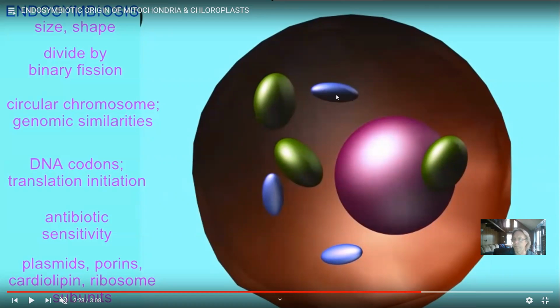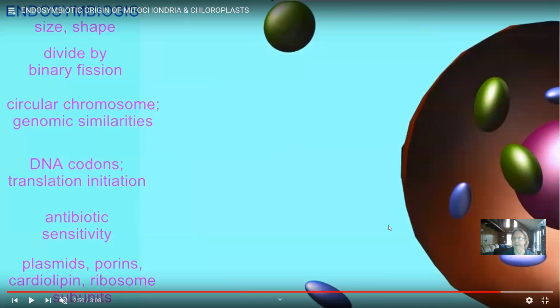And your mitochondrial chromosome is derived from the bacterial chromosome of those first endosymbionts. All right, so obviously that's fascinating, but once again, another example of a different type of inheritance.